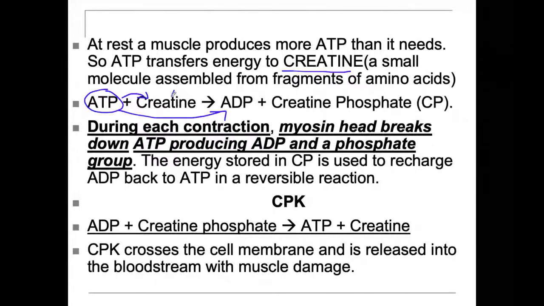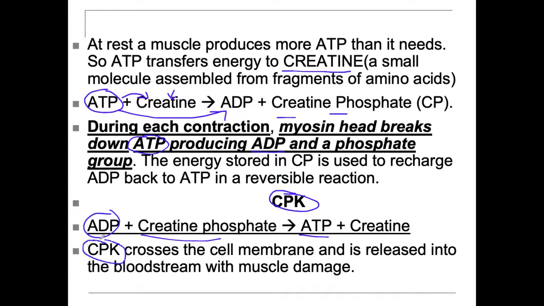And then what does creatine here become when it gains that phosphate? CP, creatine phosphate. Okay, and during each contraction, the myosin head breaks down the CP to produce ATP and creatine. It's a reversible reaction. ADP plus creatine phosphate with that creatine phosphokinase enzyme creates ATP.